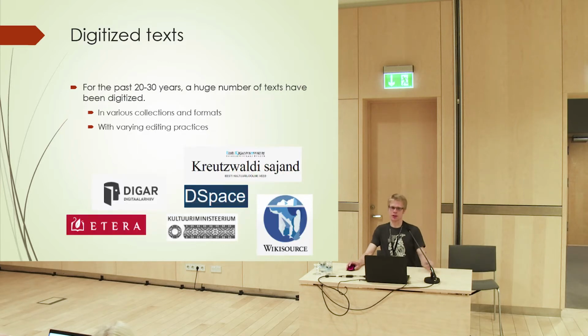On the other hand, for the last 20 or 30 years, people have digitized a lot of texts. And these texts are, well, available in different archives, in different formats, made for different purposes. So some are republished. So you take an old book and you republish it as an electronic publication.